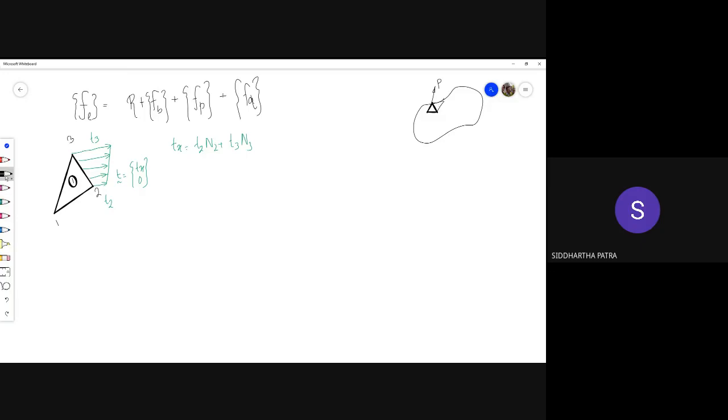But before going into further detail, you might recall that N1 was xi, N2 was eta, and N3 was 1 minus xi minus eta. Now I should draw the ideal triangle.